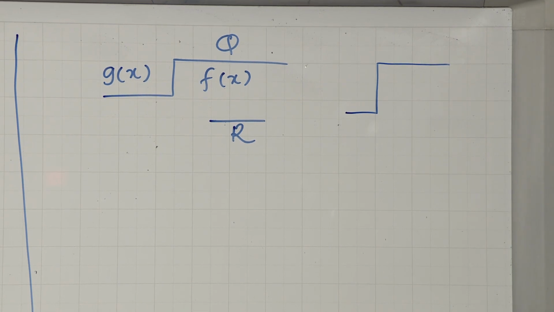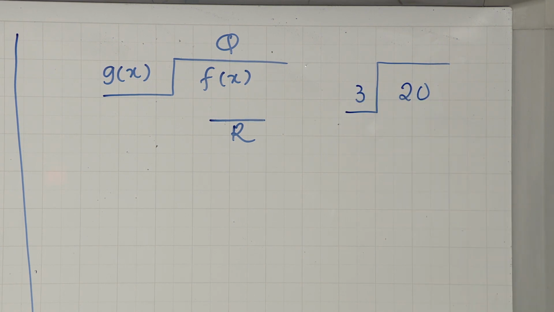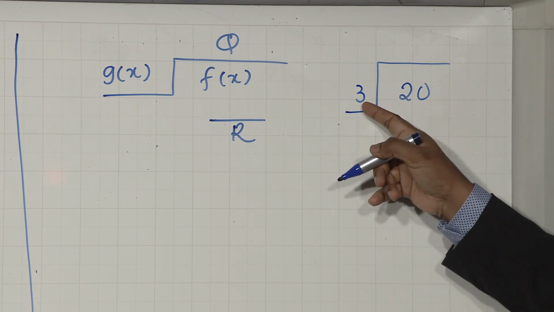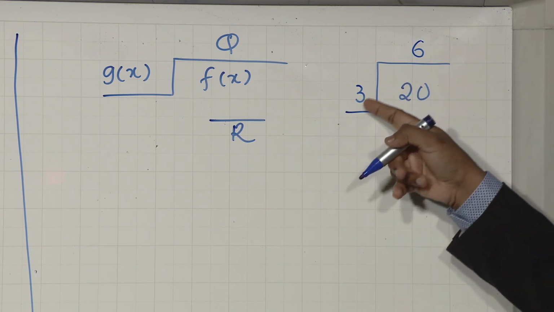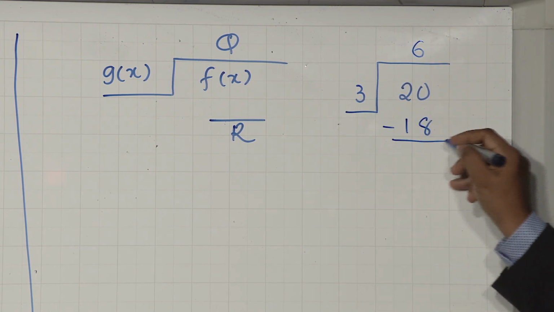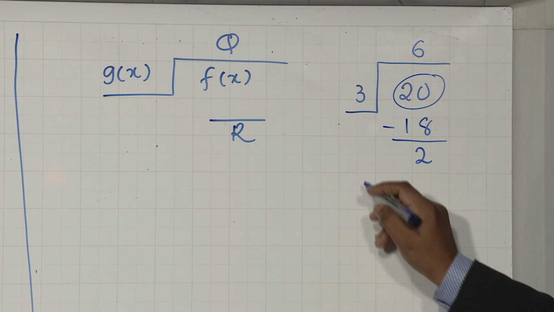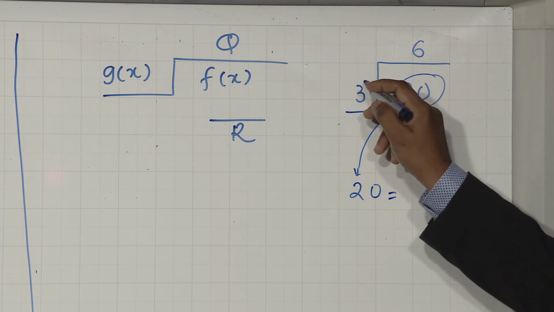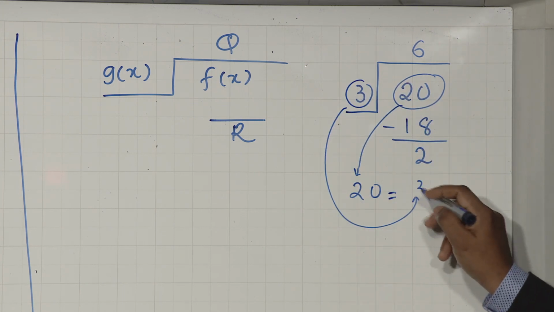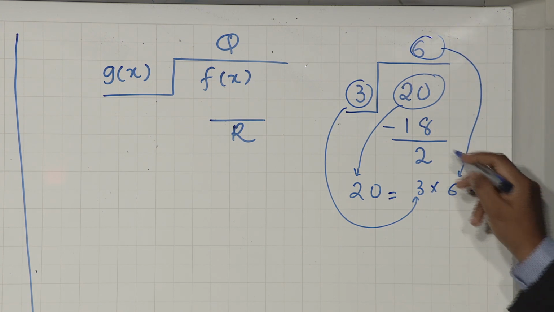If I have to divide 20 by 3, what will we obtain? 6 times 3 is 18. Subtract these two. So 20 is 3 times 6 plus the remainder 2.